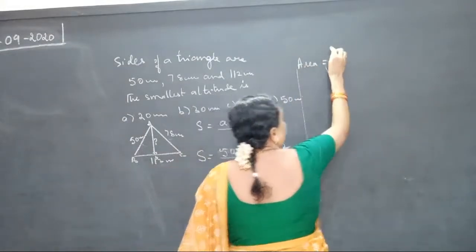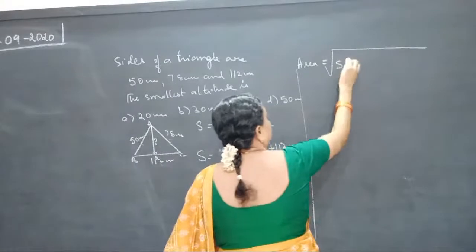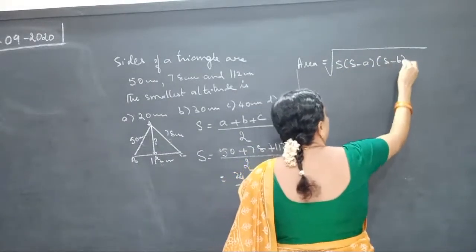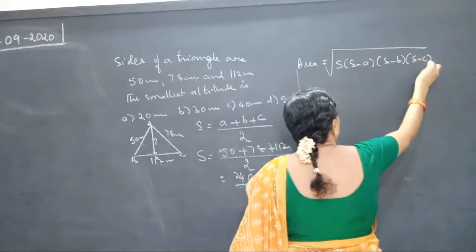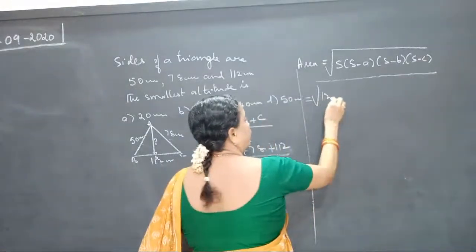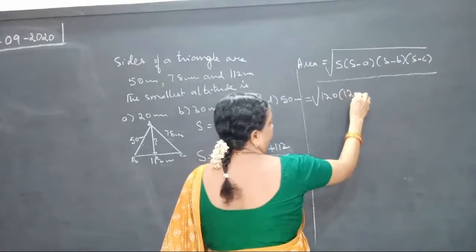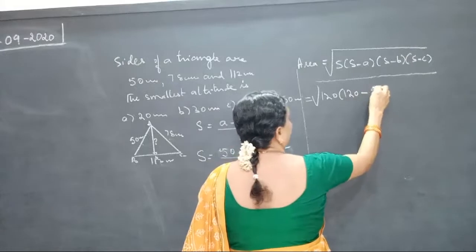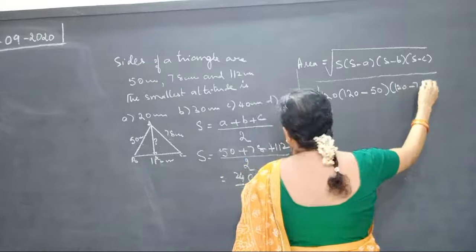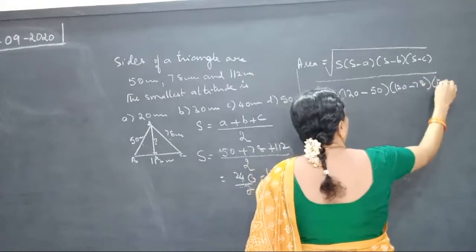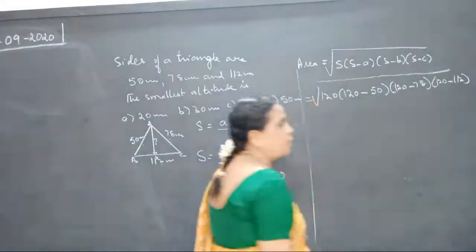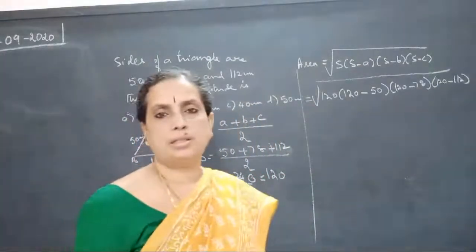Having got the semi-perimeter, the next step is finding the area using Heron's formula. Area equals root of S into S minus a, S minus b, S minus c. You will get root of 120 into 120 minus 50, 120 minus 78, 120 minus 112. This method you already did in 2 classes last week.